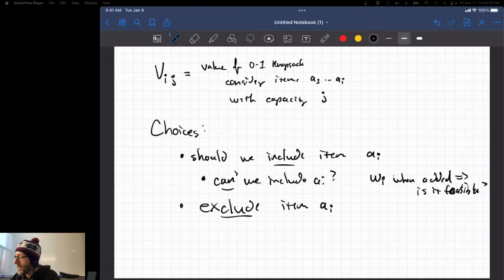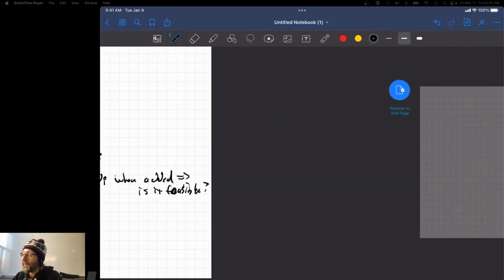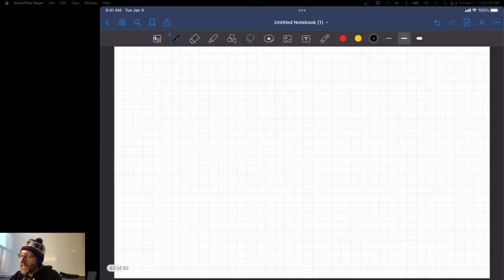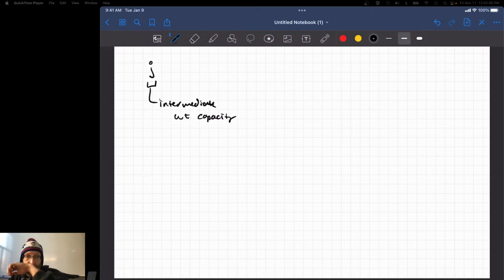All right? So suppose that we did. The weight capacity is j. This is the intermediate weight capacity. What's the weight of the ith element? We'll just call that wi. That's the weight of the ith element.